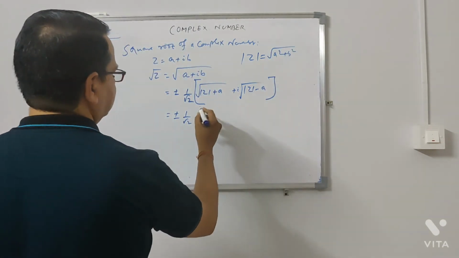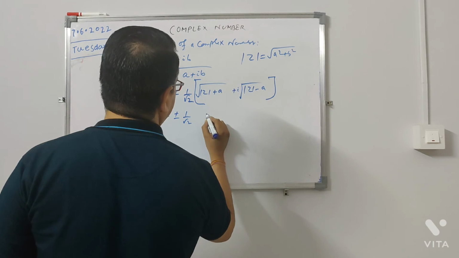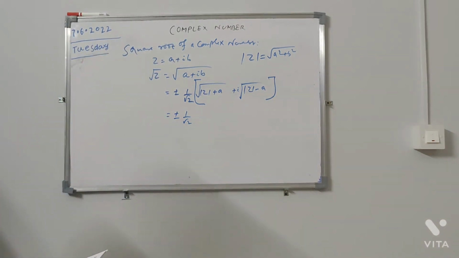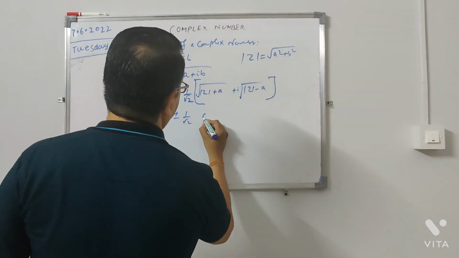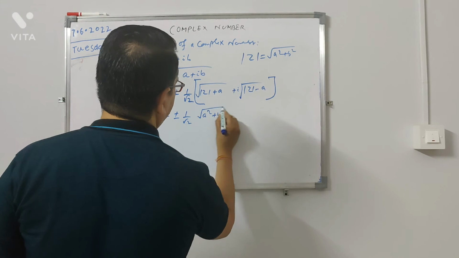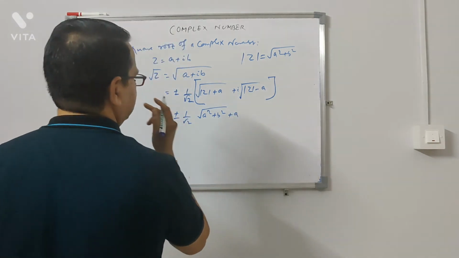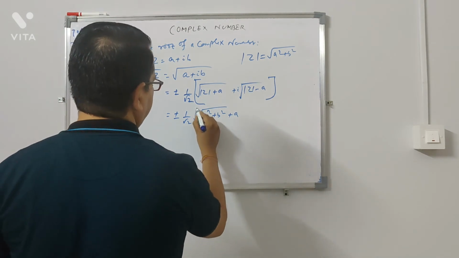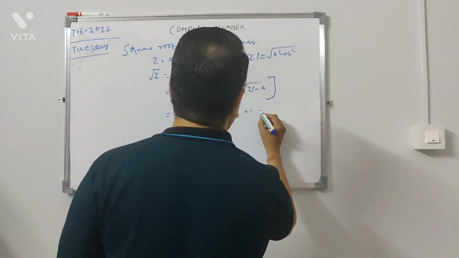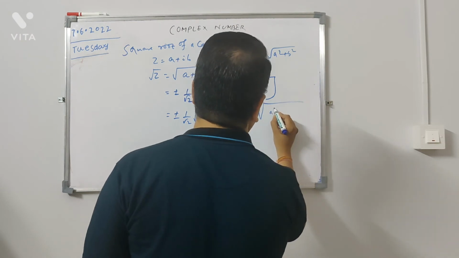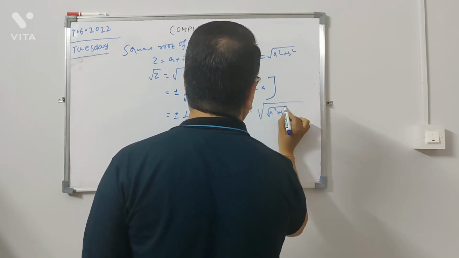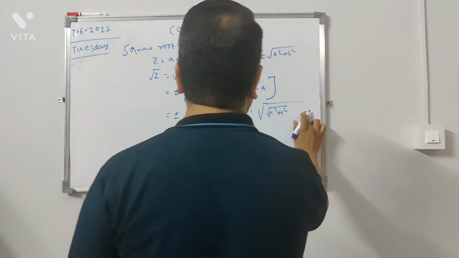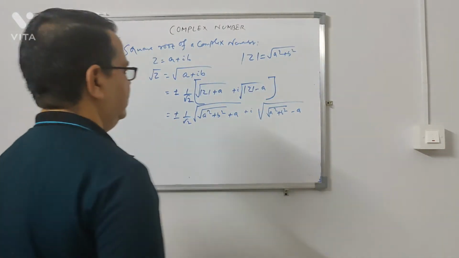So here it is: square root of (square root of a square plus b square, plus a), plus i times square root of (square root of a square plus b square, minus a).